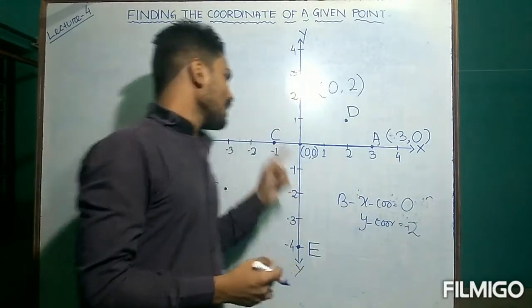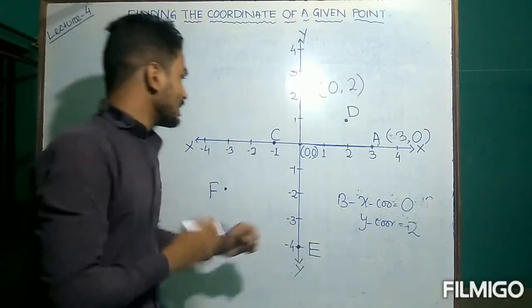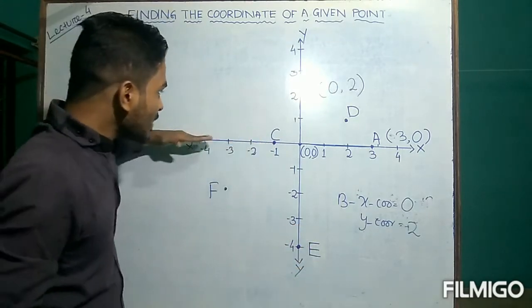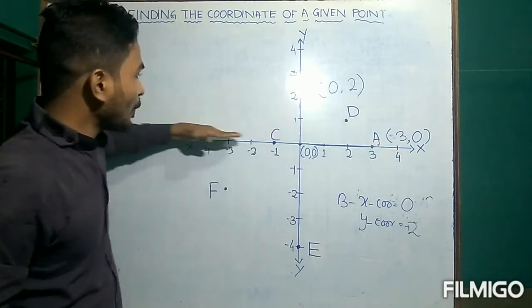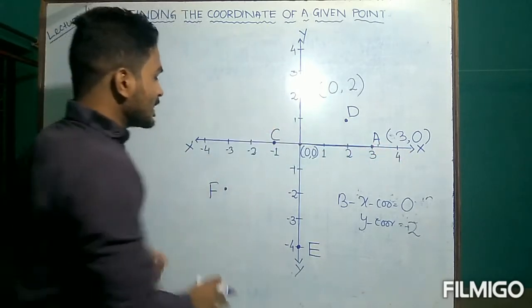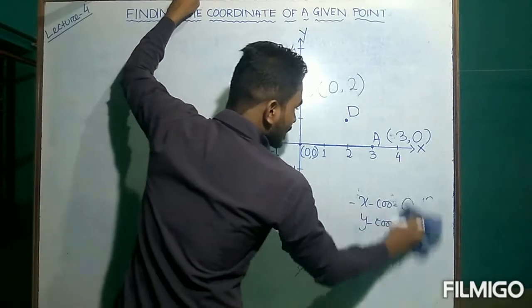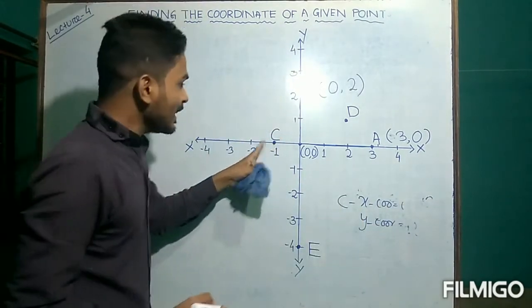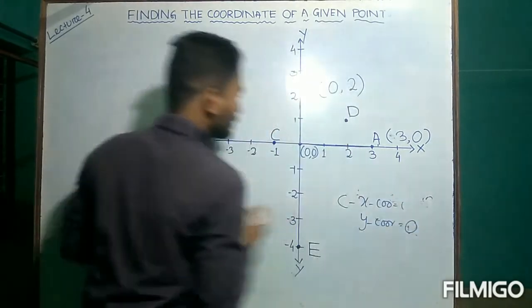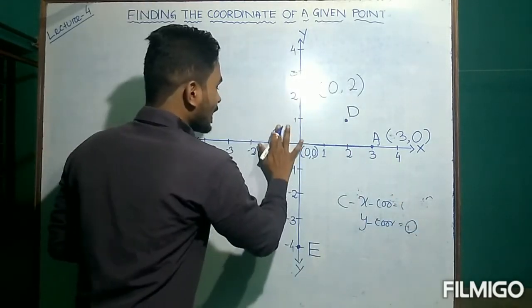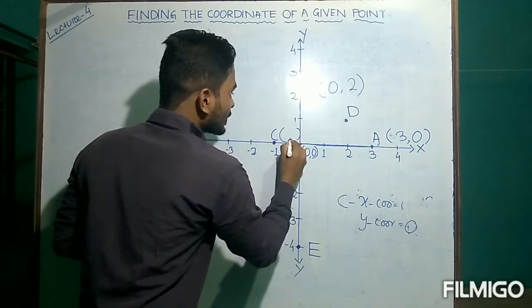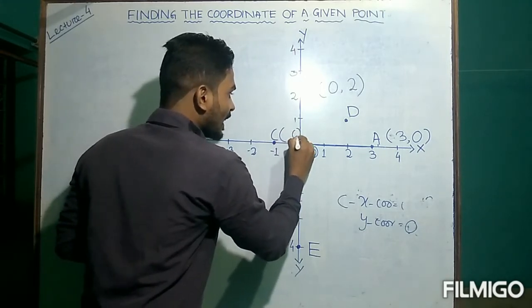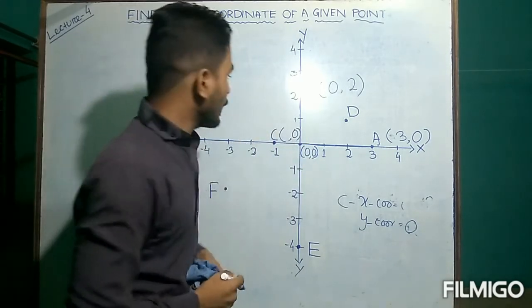Right? Coming to point C. Again, point C lies on which axis? The point C lies on the x axis. Since it lies on the x axis, its y coordinate must be 0. Hence, you can write its coordinate as (x coordinate, 0).